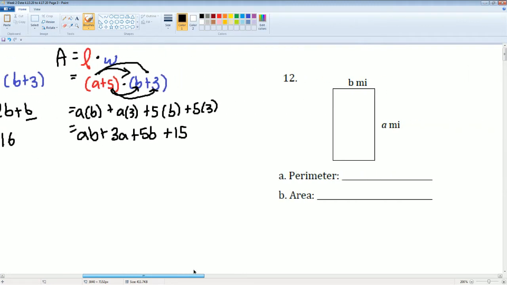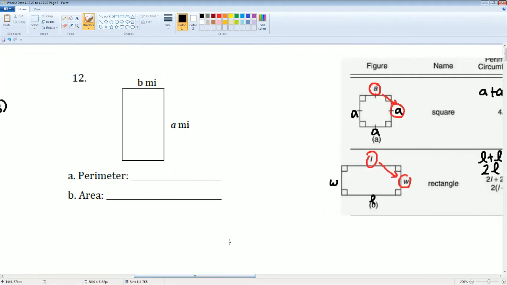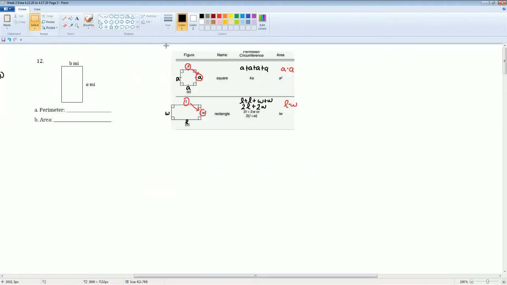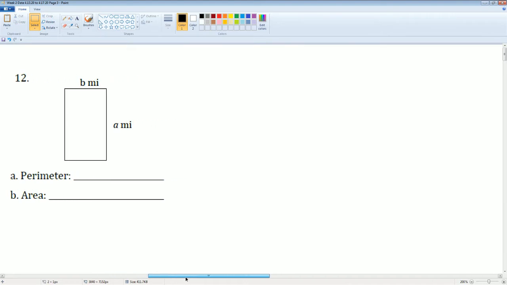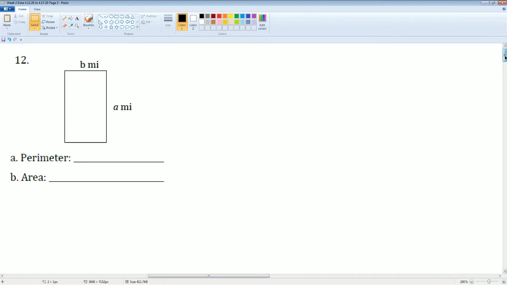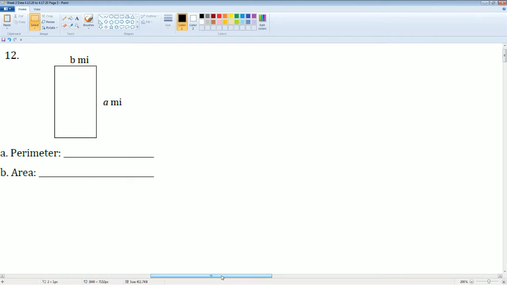Let's do 12. Let's move this over a little bit so we have room. Those are just the notes. Again, we have to define our formula. Length is going to be b, which is in meters, I think, and width is going to be a.